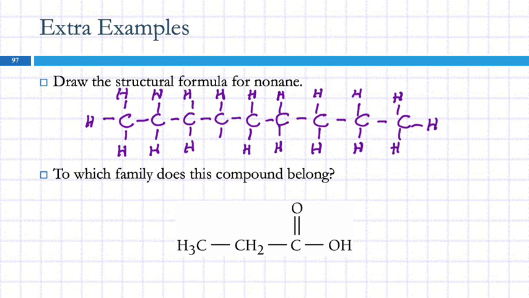I'll only ask you to draw structures or name things for hydrocarbons. And just like once on the exam. And then what family does this belong to? This is a carboxylic acid because of this group. So that's a carboxylic acid group.